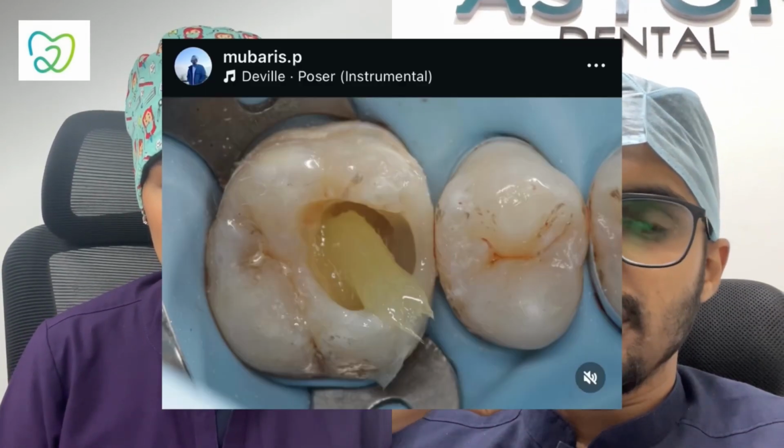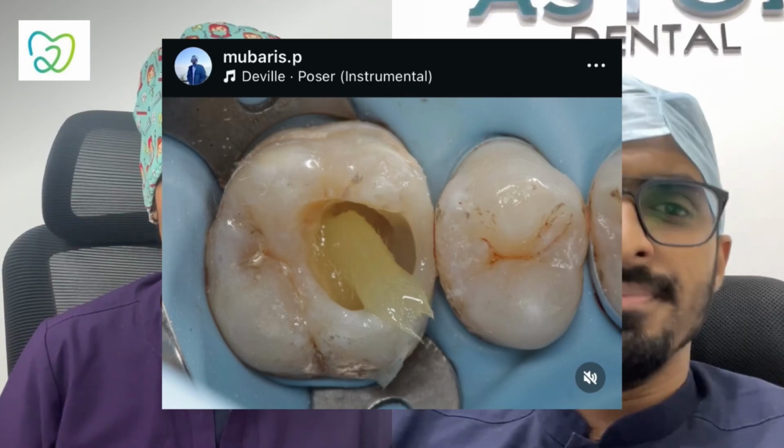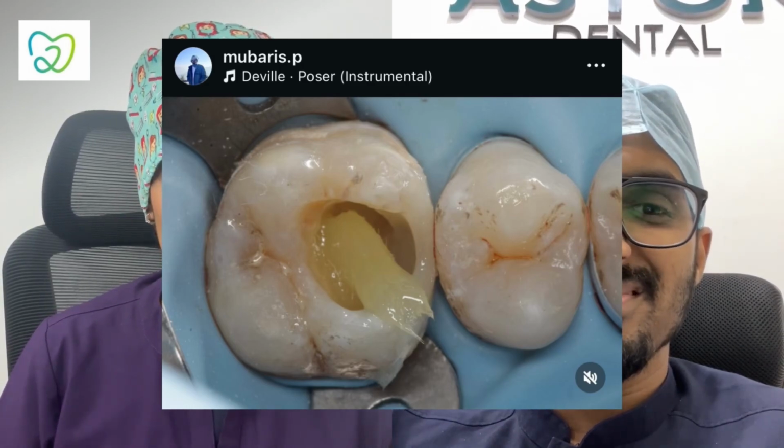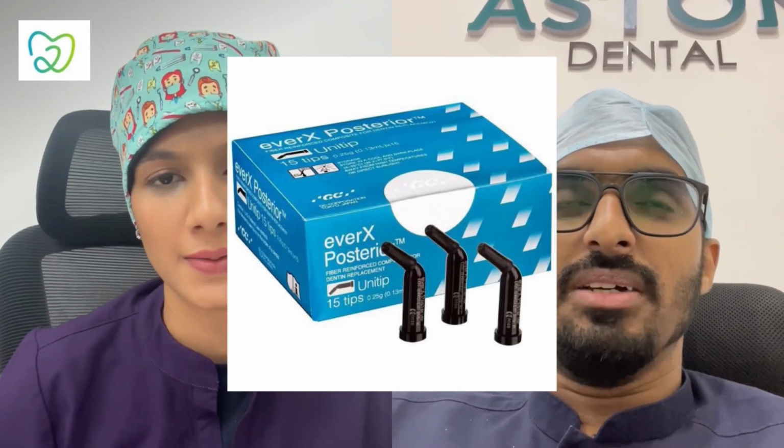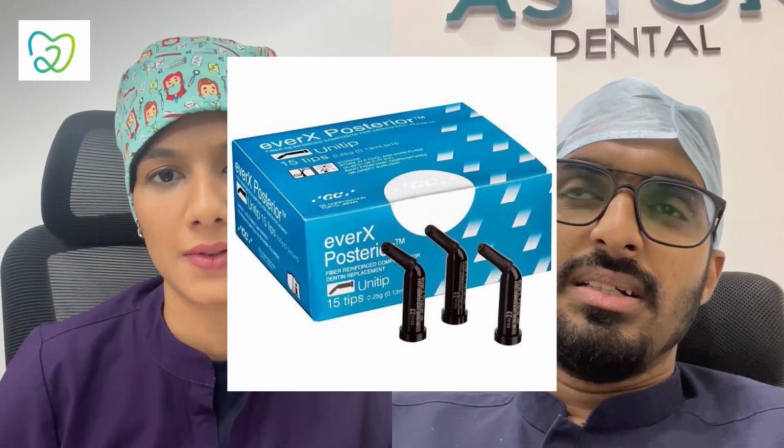Thank you so much. So now moving on to the third and the last case. This is a case of post-endodontic restoration of a maxillary molar with direct composite. So this is the image, and I'm really curious to know what is this product that you have used here. So this is a fiber reinforced composite named Everx Posterior. These are short fiber reinforced, whereas the ribbon fiber is polyethylene fibers.